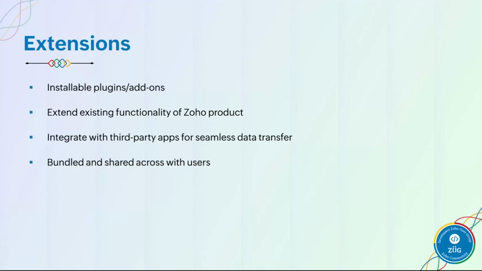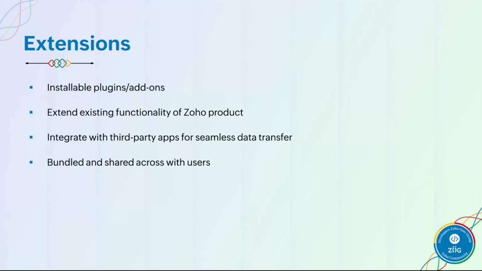So we all know that every Zoho product has a defined set of capabilities by default, right? But what if your organization or your business has some custom requirements that extend the defined functionality of the Zoho product? Then in that case, you can go ahead and build those custom requirements or customizations as an extension.